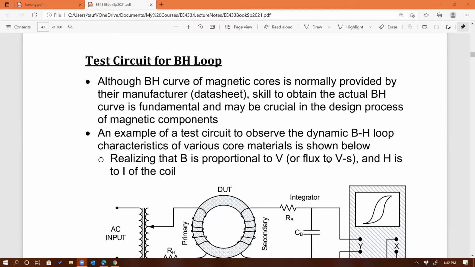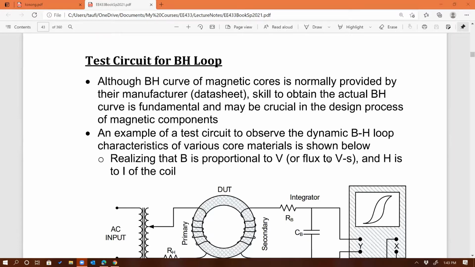If the test they used for the curve in the data sheet is based on a specific waveform, let's say a sine wave excitation, and you are using it under a different type of waveform, then that's a good case where you might want to test the core yourself and see how the BH curve or the hysteresis loop differs from the information provided in the data sheet.